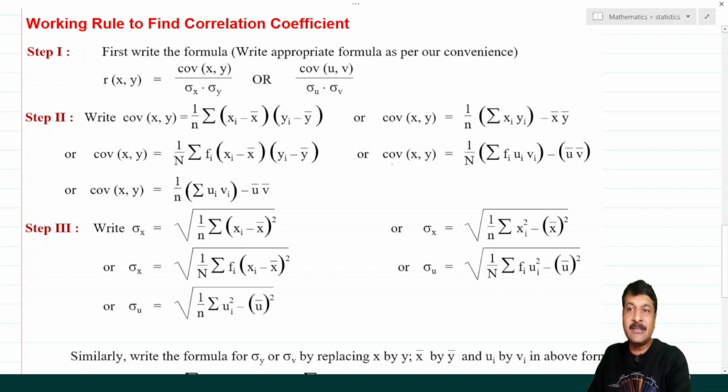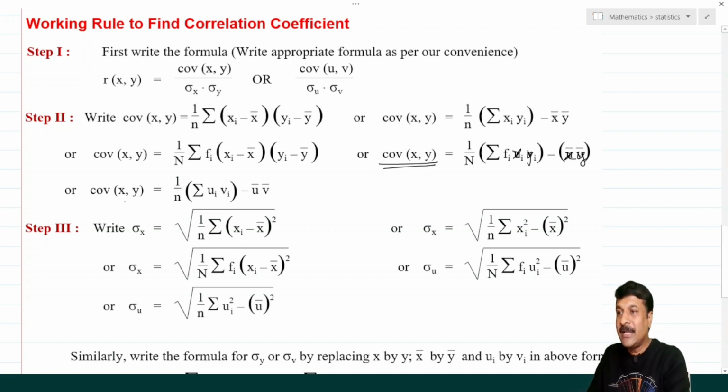Note that here covariance of xy equals 1 by n, maybe small n, capital N, summation of fi, here should be xi, here should be yi. Similarly here x bar, y bar. Here 1 by n summation of ui vi minus u bar v bar. Why are we going to consider this in the form of uv?